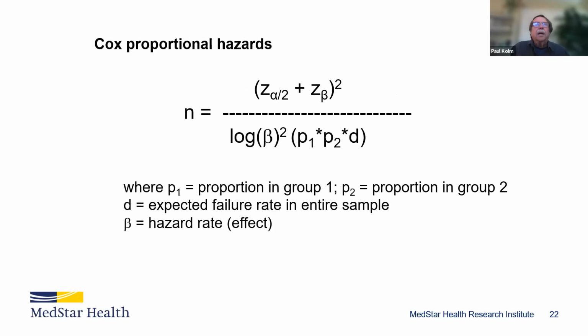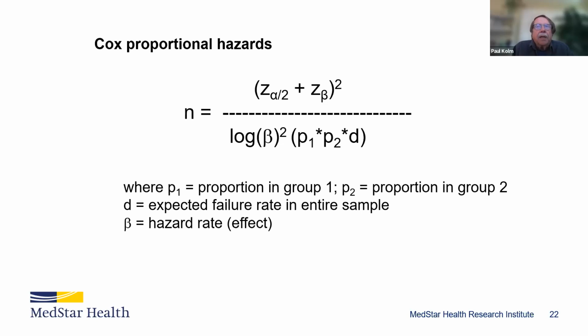And then the other one that I want to look at is for time to event data, in particular, doing like Cox proportional hazards regression. So in this case, again, our numerator is as before.